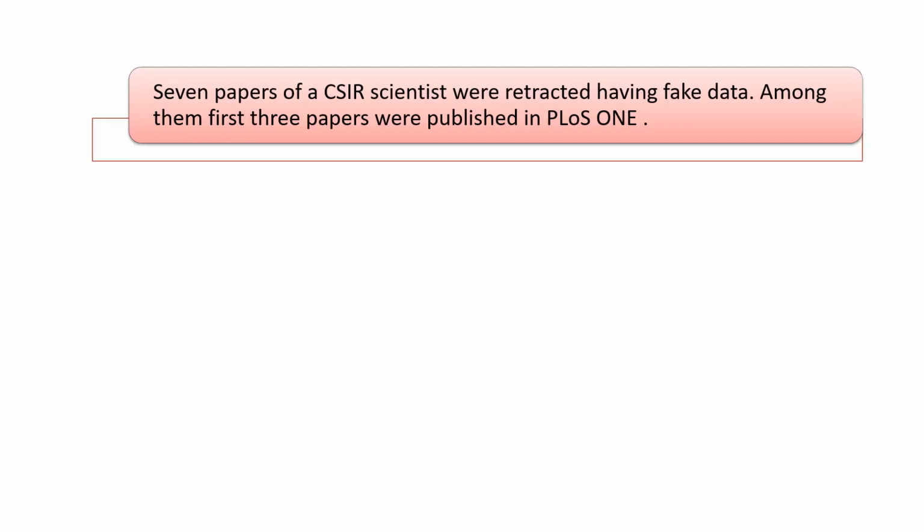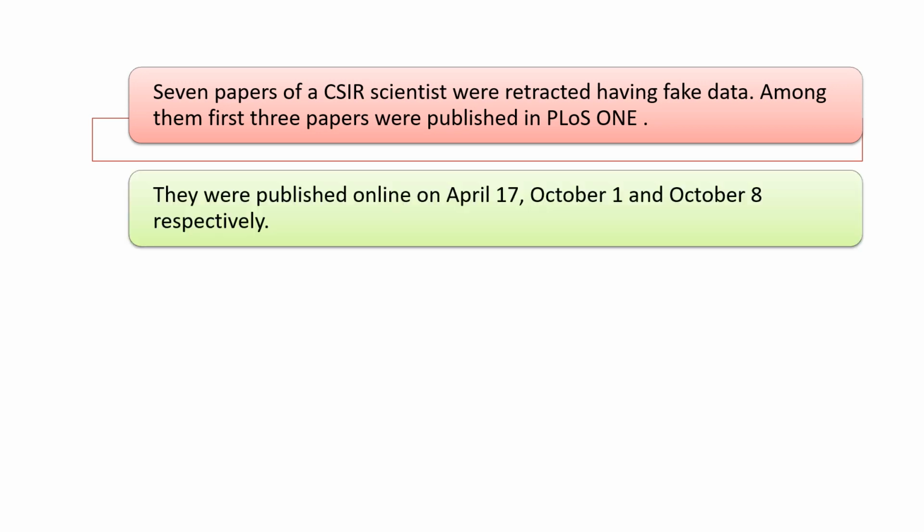Seven papers of the CSIR scientist having fake data were retracted, and among them, the first 3 papers were published in PLOS 1. PLOS 1 is a very reputed journal, and these 3 papers were published online on April 17, October 1 and October 8, 2012 respectively.